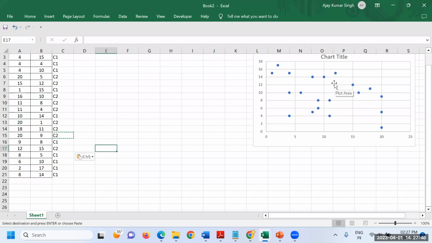I want to put it somewhere here. Let's go for this one. So that is somewhere 13. X is 13 and Y is 10. Somewhere here I want to put 13 and 10. So our test data will be 13 and 10. So this is test. We are interested to test the data.